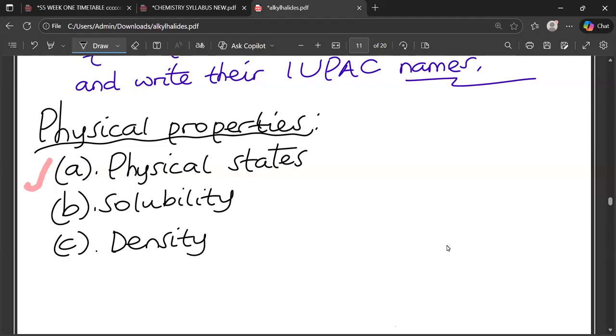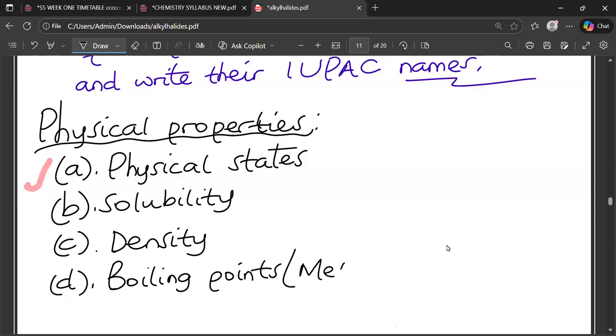There are books that differentiate boiling points from melting points, which is also okay, not bad. But some books combine them, which is better. So you look at boiling points stroke melting points.